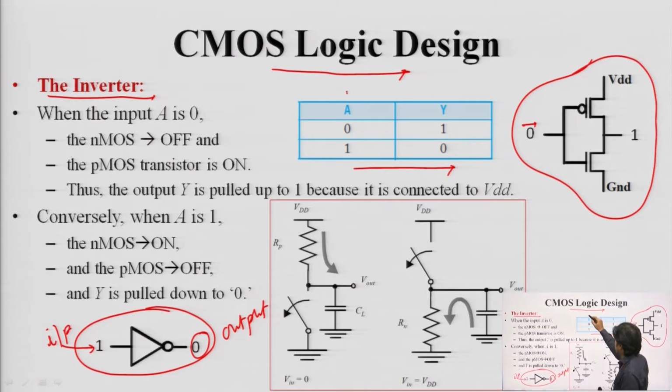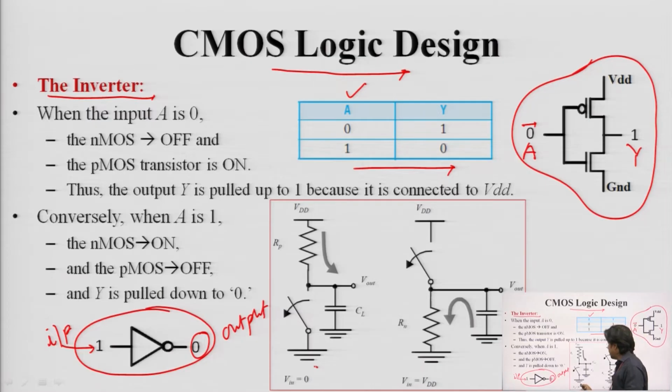So, A is our input, this is A my input, and this is Y, this is the output. In this we will see what will happen when we apply a 0 input to the transistors, okay, whether NMOS is on, whether PMOS is on, that we will see.